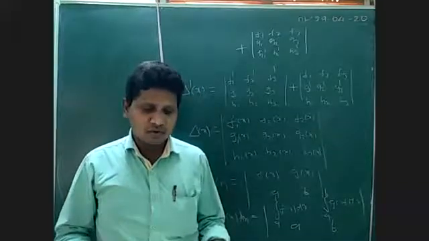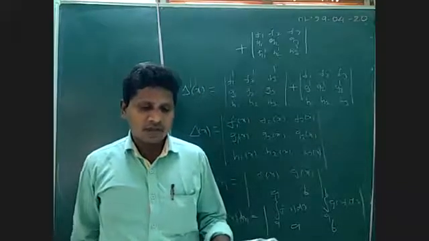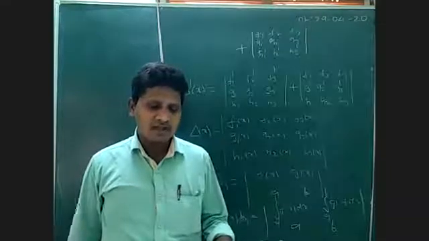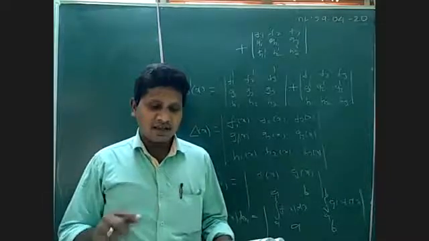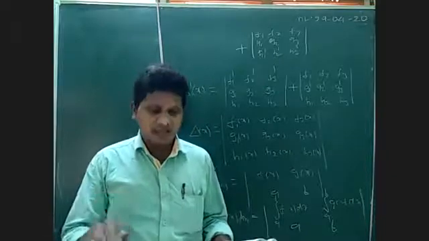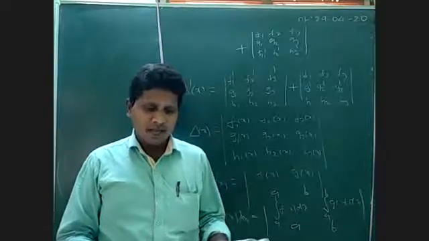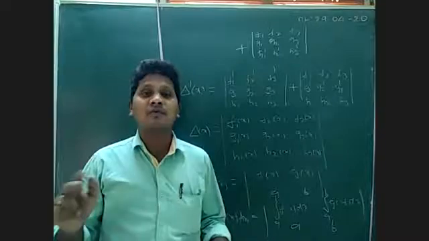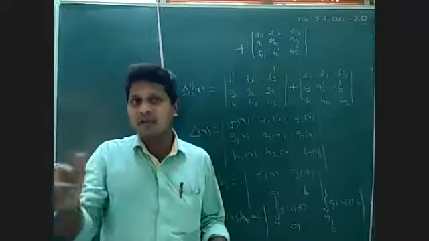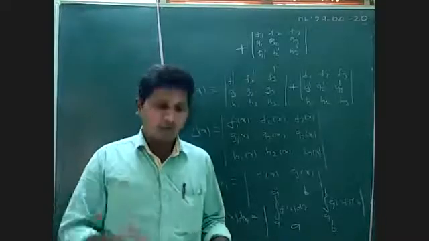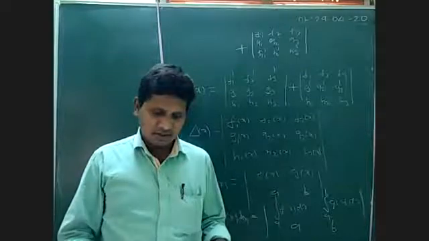Okay, 18th question: x, y, z are integers in AP, lying between 1 and 9, nothing but single-digit numbers.